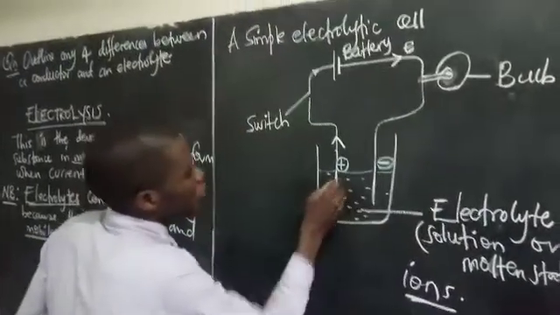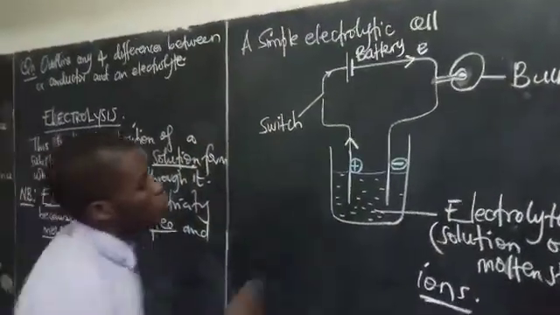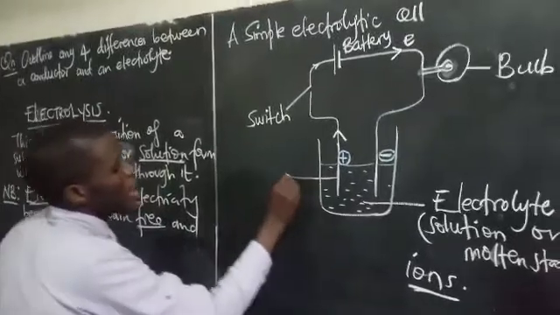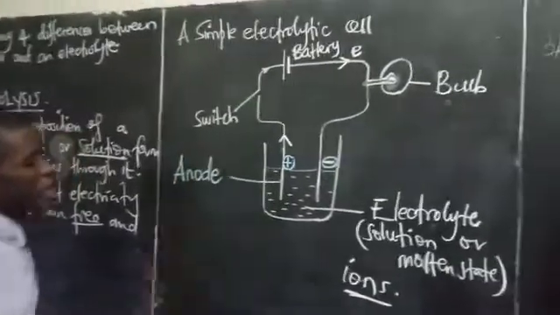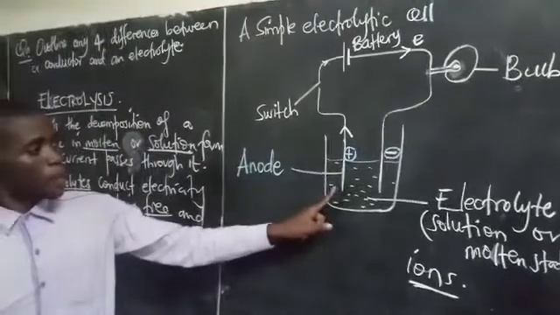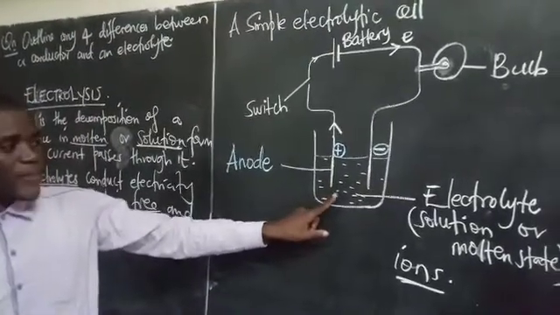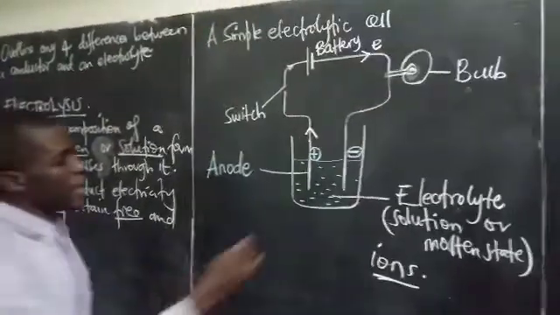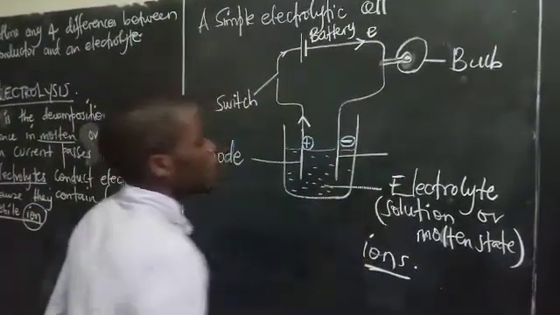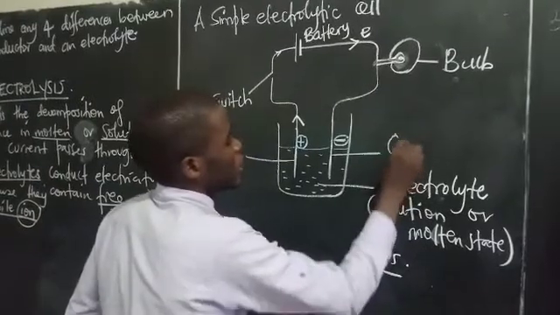The positive terminal is always referred to as the anode, and it is the point at which electrons leave the electrolyte. This other terminal is called the cathode.